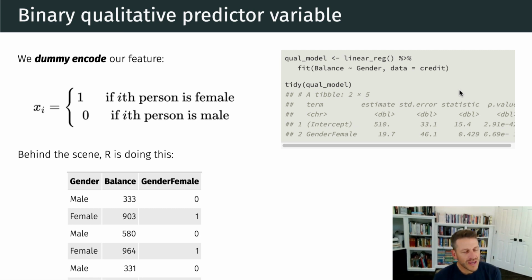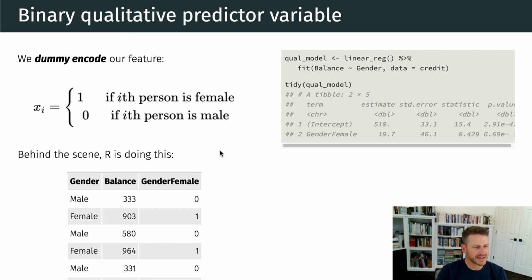Well, we can do this, but the way that we do this with the model is a little bit different than when we had numeric variables. What we need to do is what's called dummy encode our predictor variable. What dummy encode means is we're going to label this as a 1 if the person is a female and 0 if the person is male.